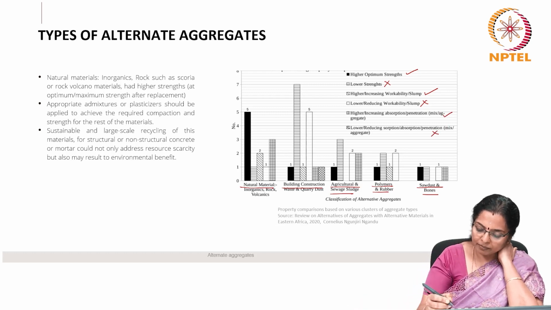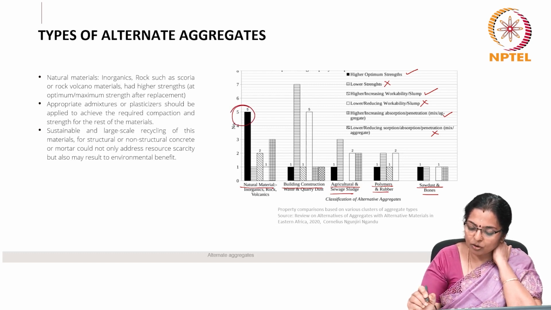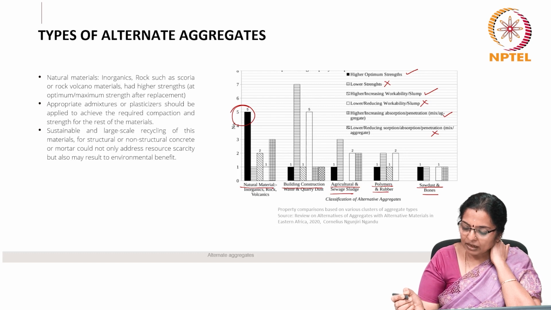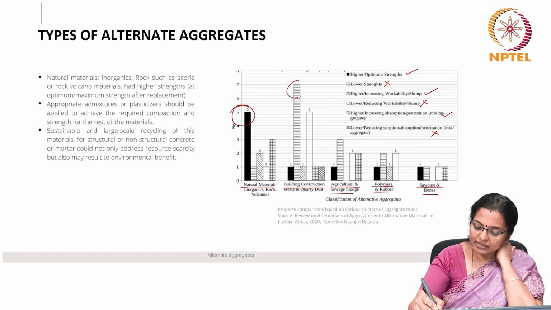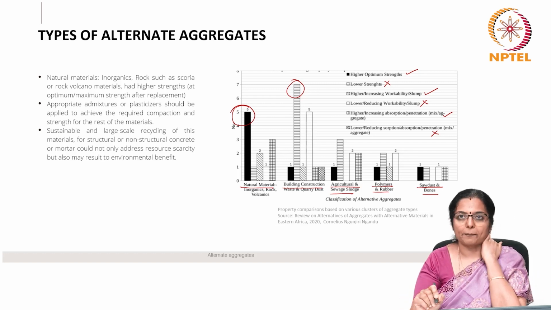So if you see, then natural material is the one, like rocks, they give the highest optimum strength, whereas the lowest strength comes from quarry dust or waste, building construction waste, and therefore we must be careful where we would use these. So apart from the natural material, strength of all the other concrete is almost similar.